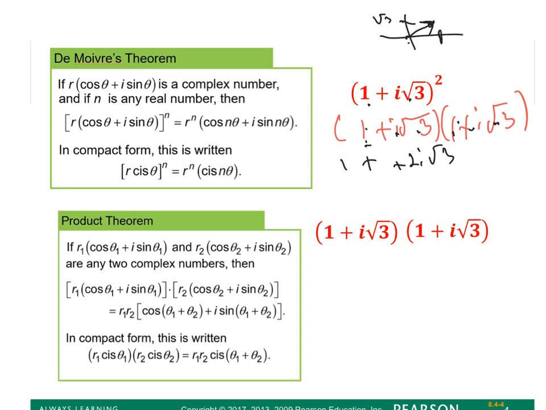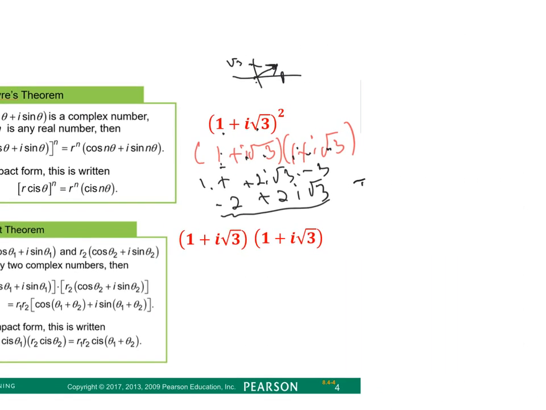So it's a negative 1 times 3, negative 3. 1 minus 3 is a negative 2 plus 2i square root of 3 is my answer. Probably I would rewrite that as negative 2 plus 2 square roots of 3 i. Or if you like the i in front, you can do that. Whichever you want. So there's old school.